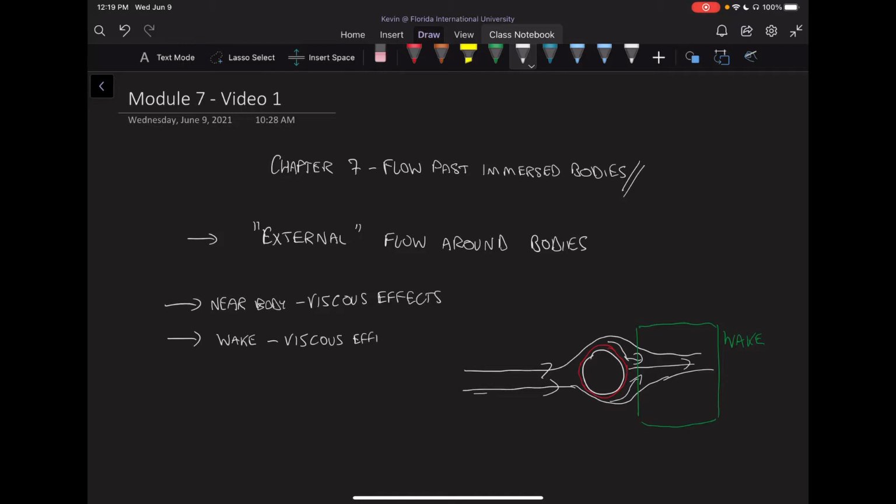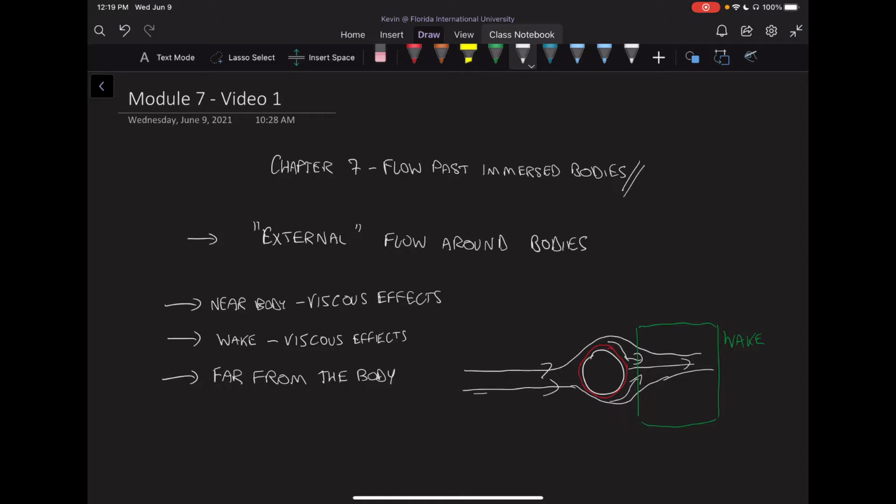So we're going to have to come up with a way to study the viscous effects close to the wake. We're also, thirdly, going to be interested in flow far from the body. And with these three put together, we essentially get a full flow field.